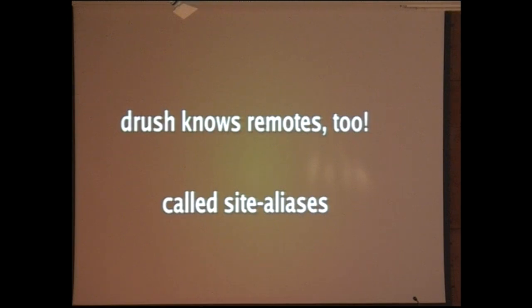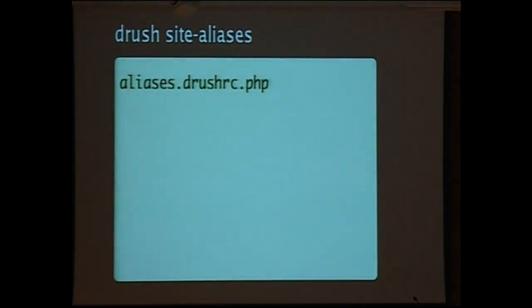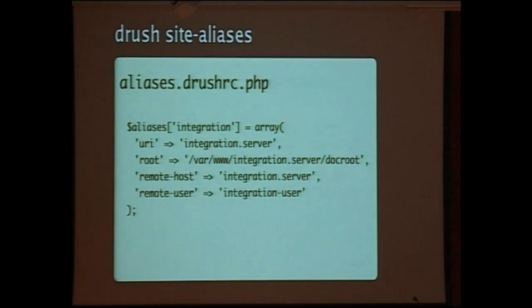To do that, you can create an alias.drushrc.php file in your Drupal installation in the root folder, or in different other places. You can look for that in the documentation. It's quite clear about that. And this is the most basic thing you could write into that file.